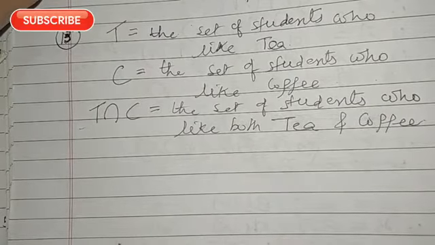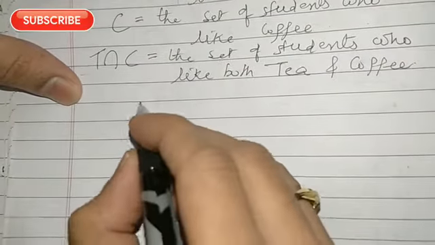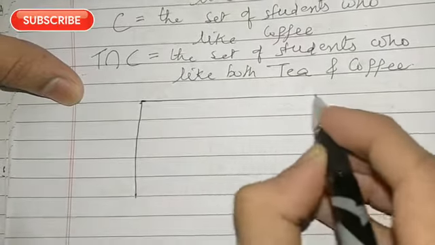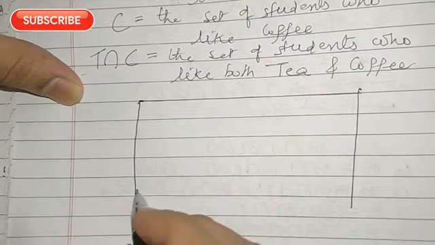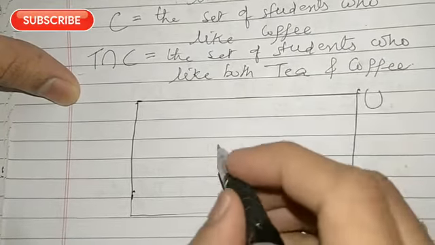Now if we draw the Venn diagram for this, you have to first draw the universal set, right? This is the universal set.